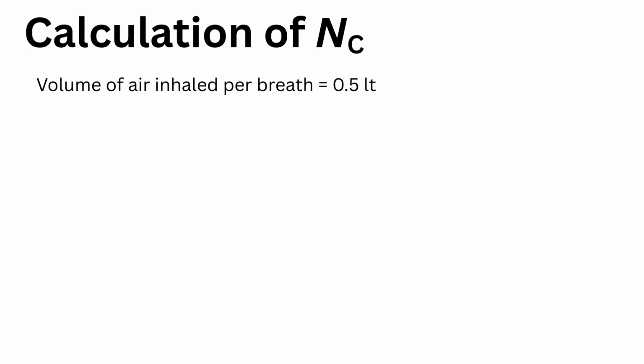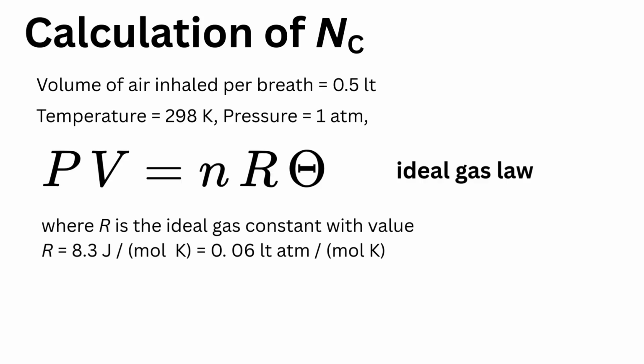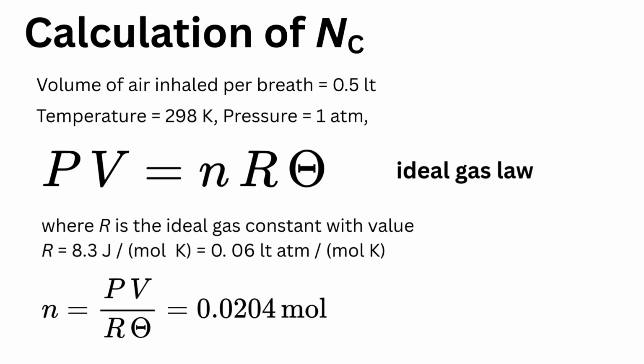Now, let's compute N_C. Towards this goal, we need to compute the number of atoms a human inhales per breath, given that at rest the average adult takes in about 500 milliliters of air per breath. Assuming standard conditions of room temperature, 25 degrees Celsius, and pressure at sea level of 1 atmosphere, the ideal gas law can be used to compute the number of moles of the inhaled air.